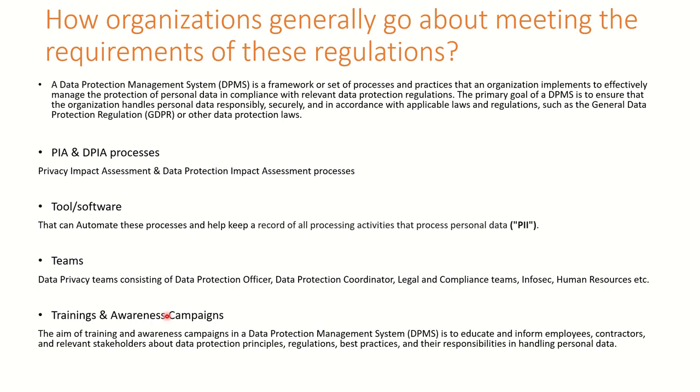If employees are involved, for example, in a project that is going to process personal data, then they should be aware of how to approach the data privacy team for approval.